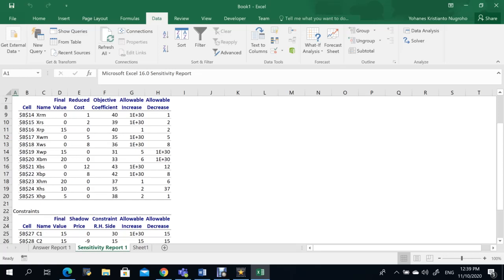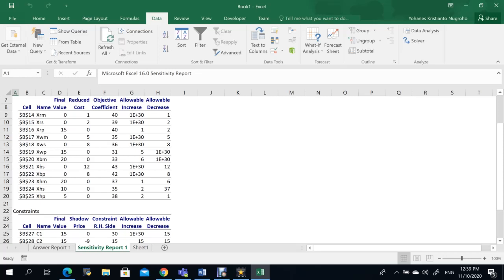Meaning that for XRM we are allowed to increase as much as possible the quantity, because in these networks there is no transportation quantity used in our problem, and therefore it is allowed to increase as much as possible, right?